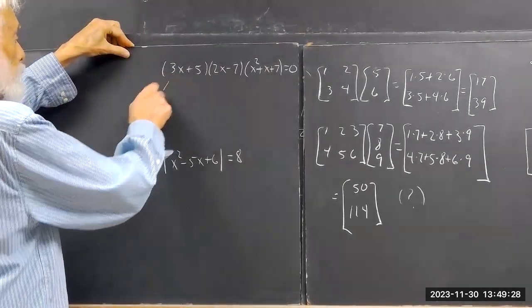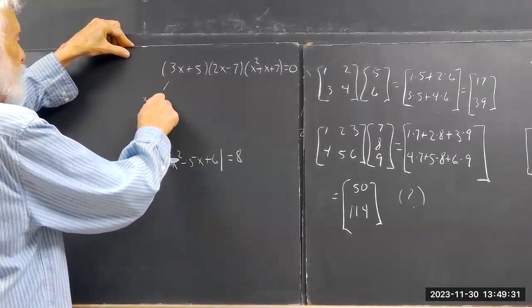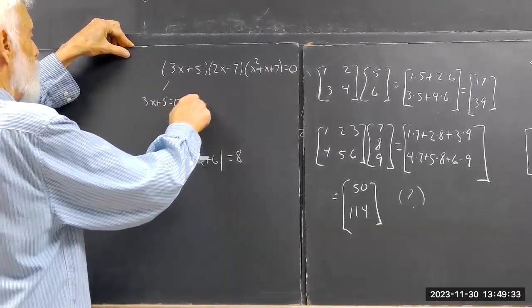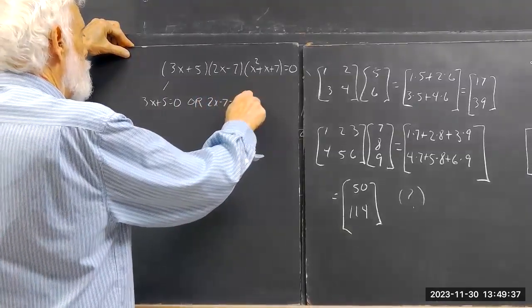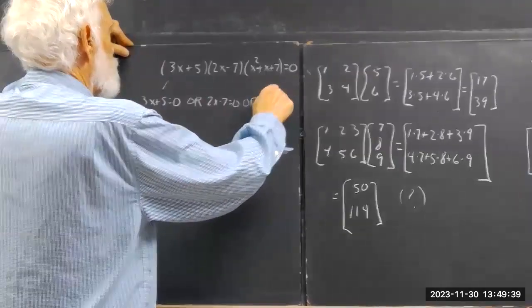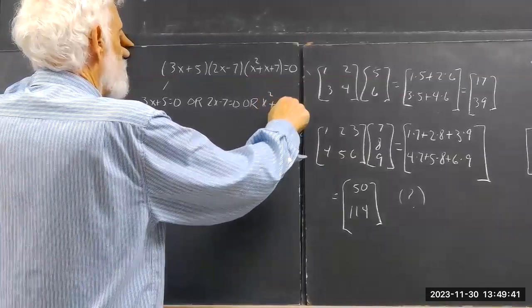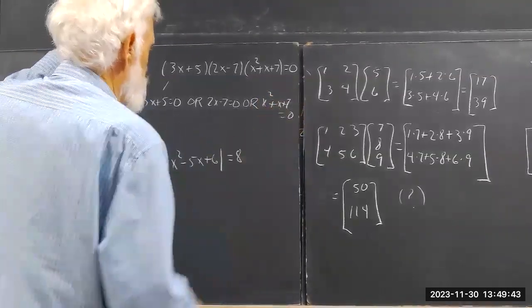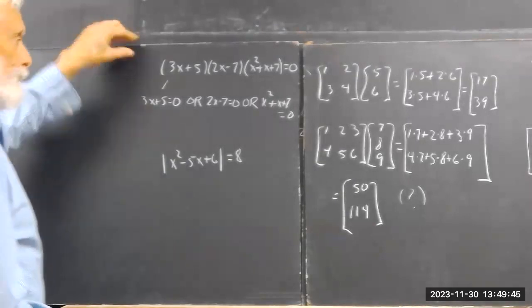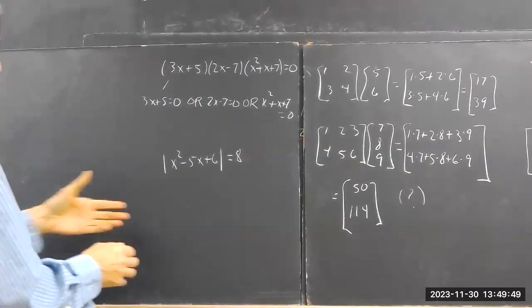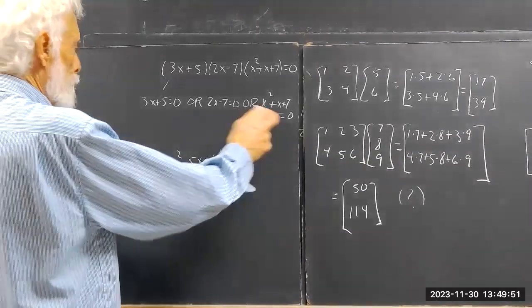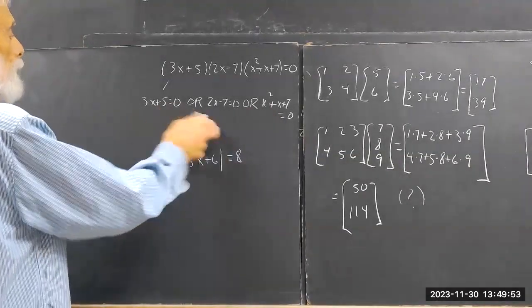So this breaks into three equations: 3x plus 5 equals 0, or 2x minus 7 equals 0, or x squared plus x plus 7 equals 0. I didn't leave myself enough room to write that. It might be hard to read from back there. Might even be hard to read in the screen, although I think it'll come out. So you solve this equation.